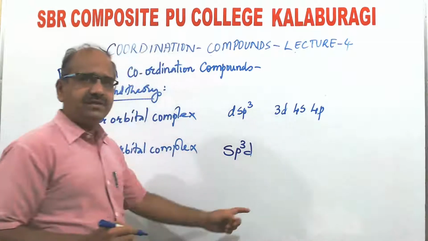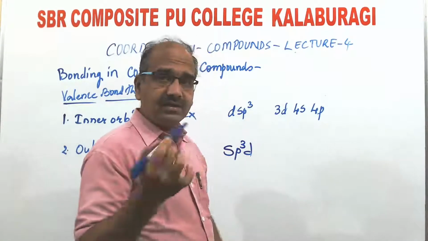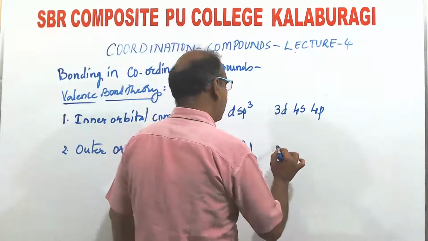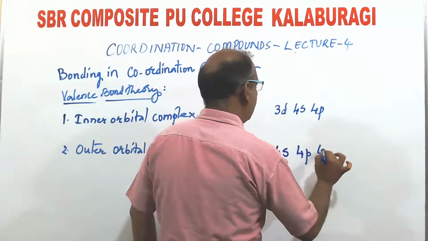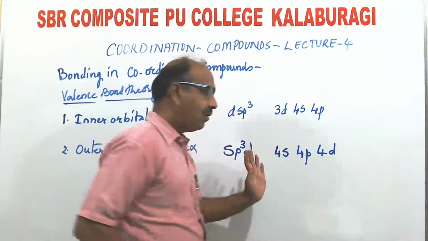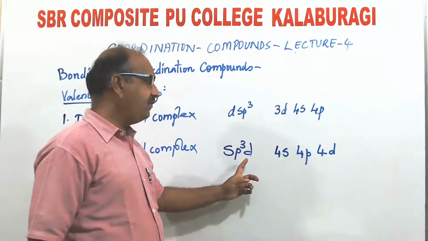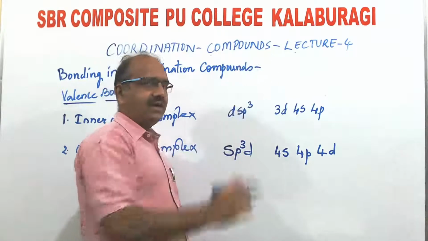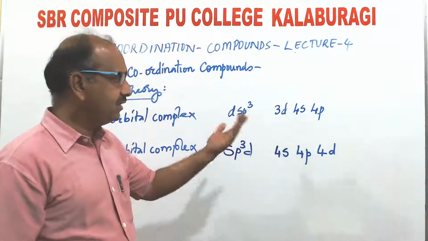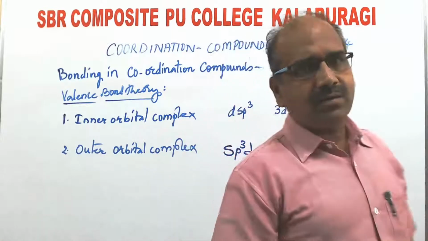The orbitals involved in the hybridization are the 4s orbital, 4p orbital, and 4d orbital, all of them outer only, or maybe 5s, 5p, 5d. Then it is called an outer orbital complex.